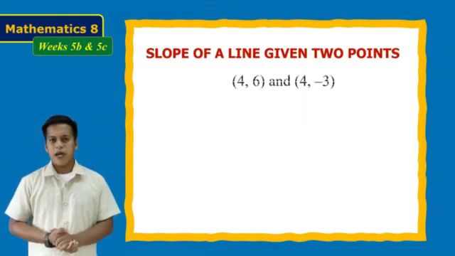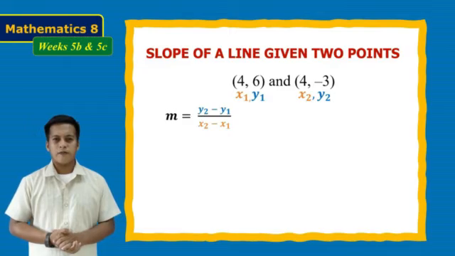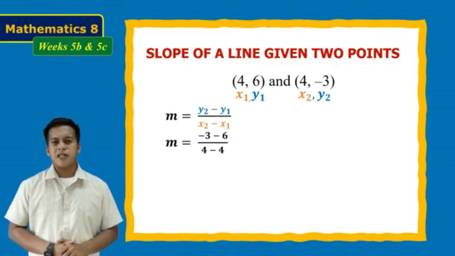Substituting the values of x sub 1, y sub 1, and x sub 2, y sub 2, we have m is equal to negative 3 minus 6 all over 4 minus 4. Using the rule of subtraction of integers, change the sign of the subtrahend, then proceed to addition.